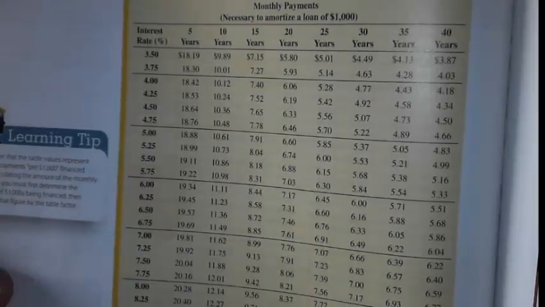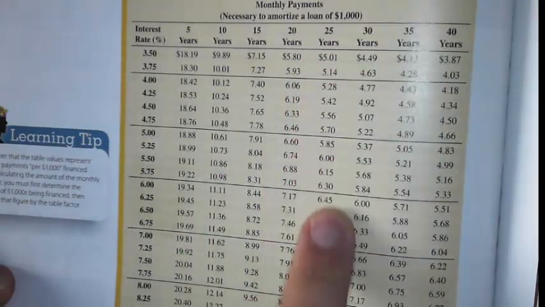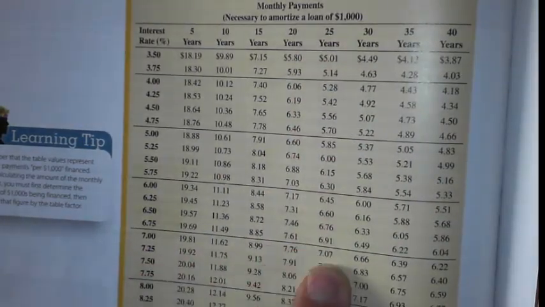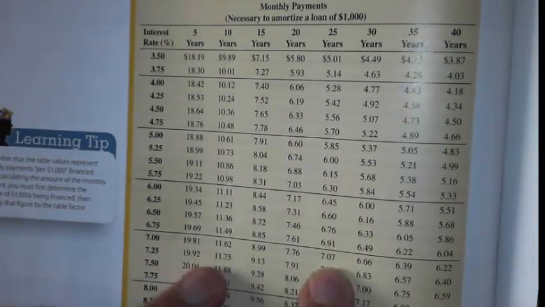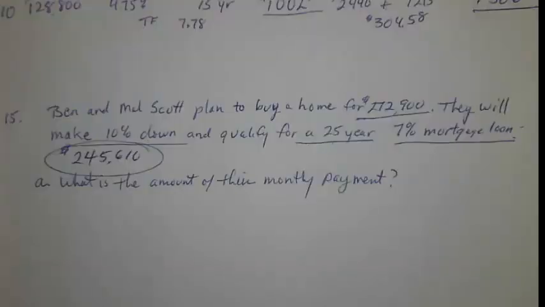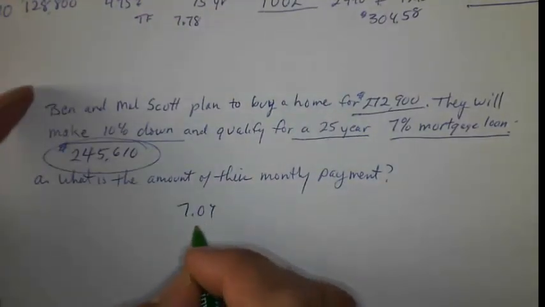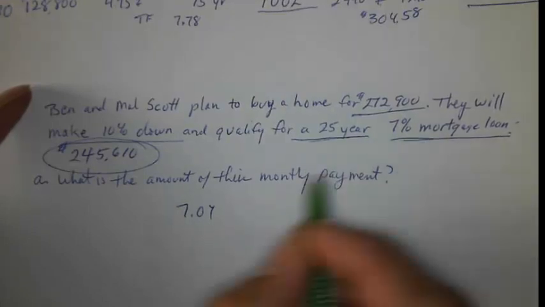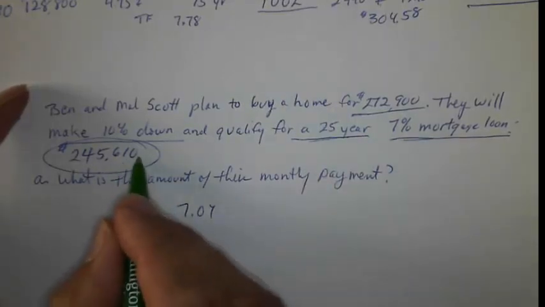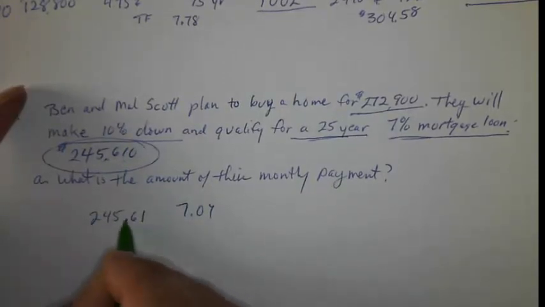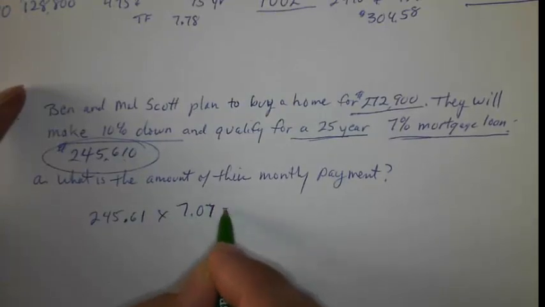So we have 25 years, 7%, 7.07. See how we got that? We just went across, came down. 7.07. So we had 7.07 from our table, and that was from the 25-year 7%. Our number of thousands, we're going to move this decimal over 3, so 245.61 times the 7.07 to get our monthly payment.